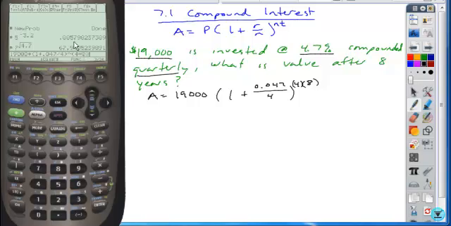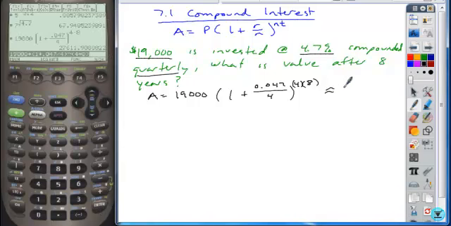The order of operations the calculator would interpret would be this whole thing to the power of 4, and then it would multiply it all by 8. Okay? So make sure you have parentheses around there, and you should get your answer to be approximately 27,611 and 91 cents. Okay, so that would be the value after 8 years if interest was compounded once every quarter.